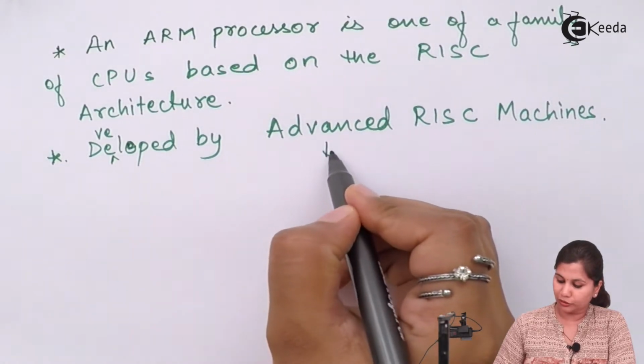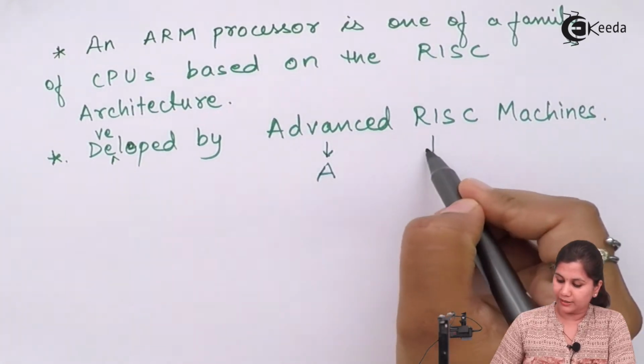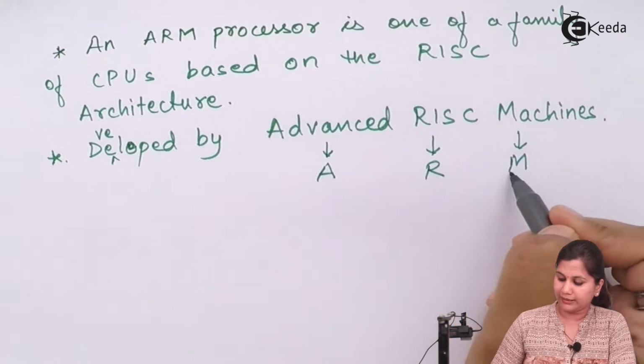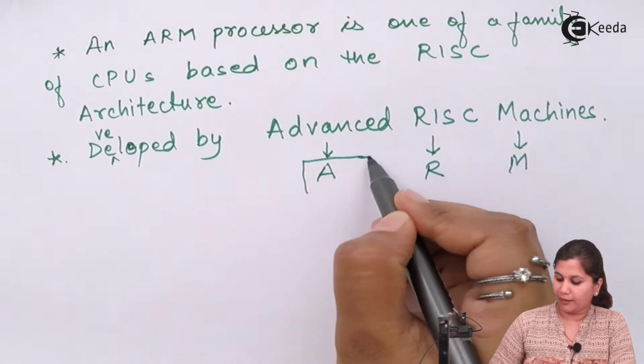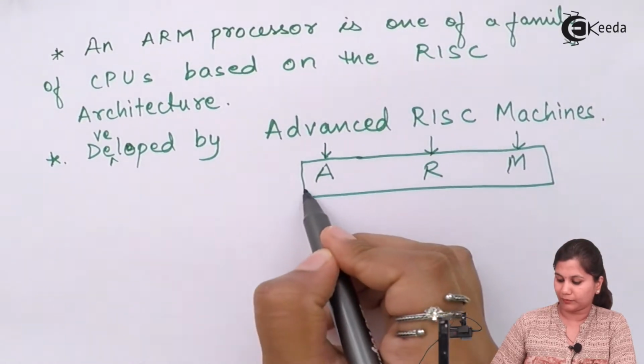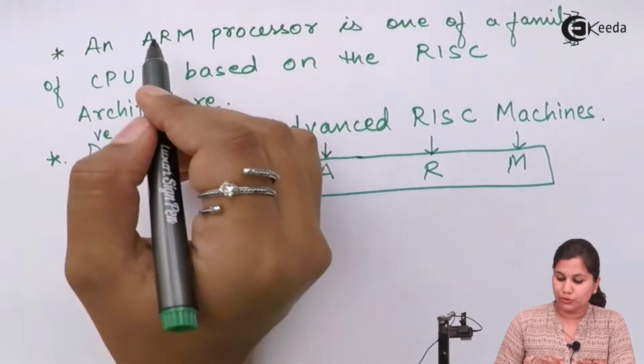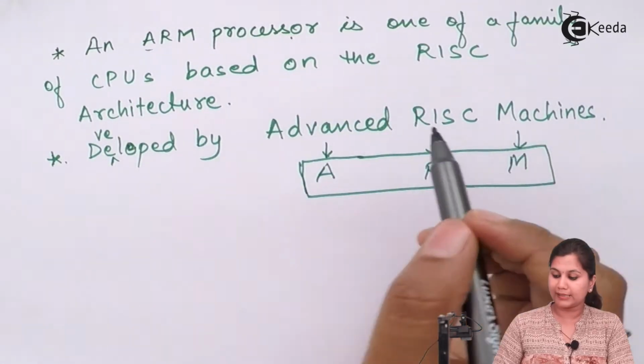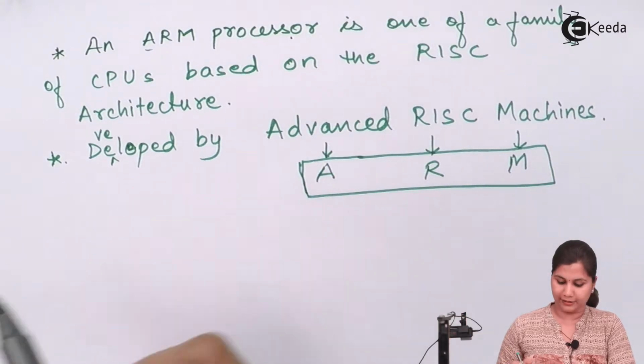So A is for Advanced, R is for RISC, and M is for Machine. That is why it is called the ARM processor. So this ARM processor is developed by Advanced RISC Machine and it is based on the RISC architecture.